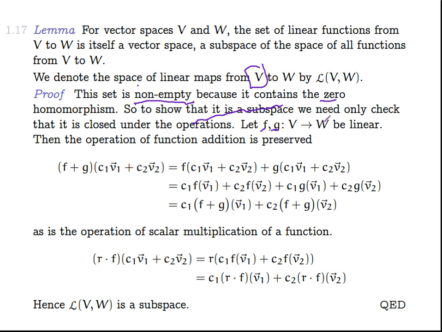So let F and G be linear maps from V to W. Then the operation of function addition is preserved. We can verify that here. If you take F plus G acting on a linear combination of vectors, I can write that as the corresponding linear combination of F plus G acting on the individual vectors.